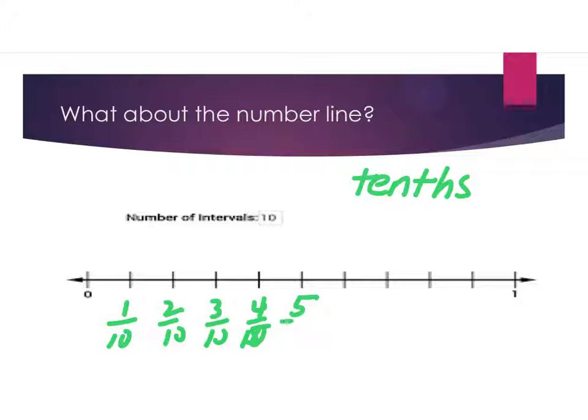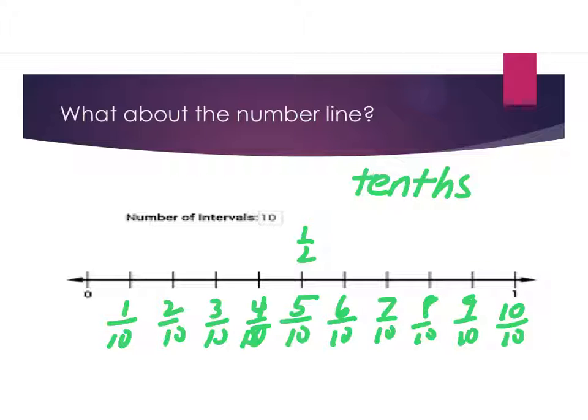I got ahead of myself there. 5/10, which is the same thing as 1/2, 6/10, 7/10, 8/10, 9/10, and 10/10, which works out to be 1.